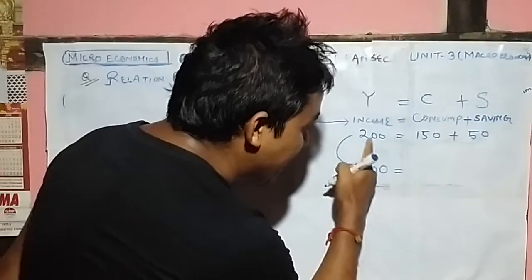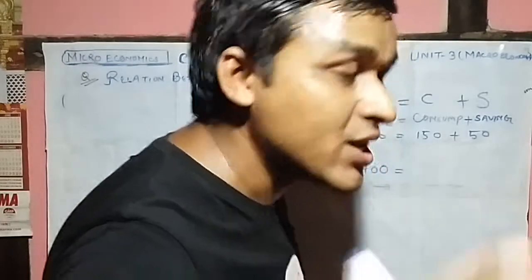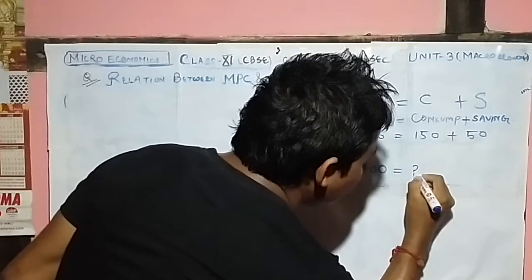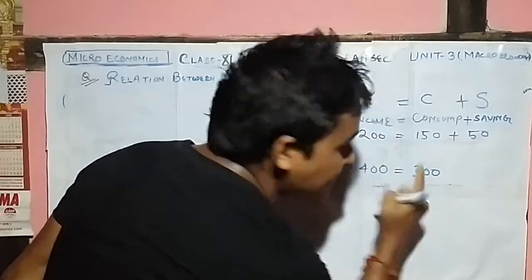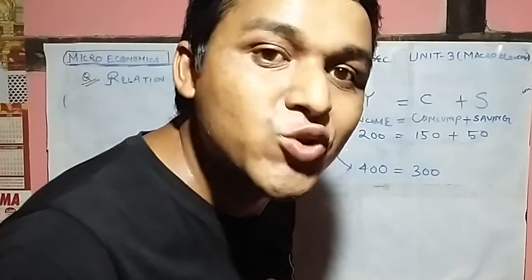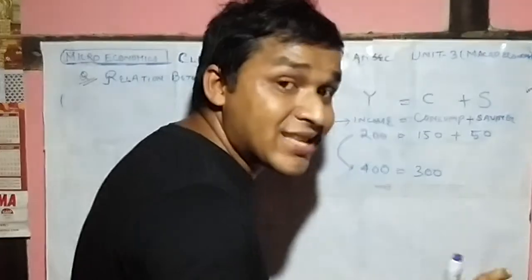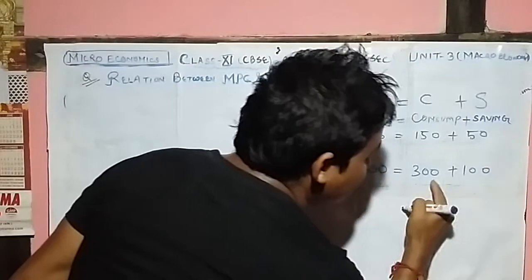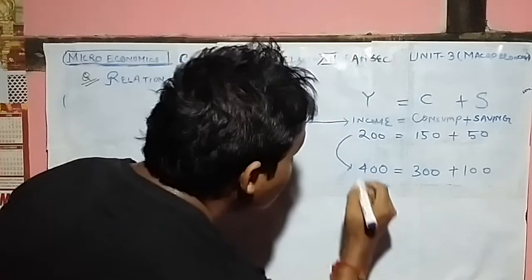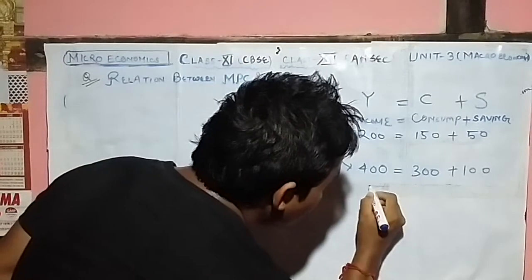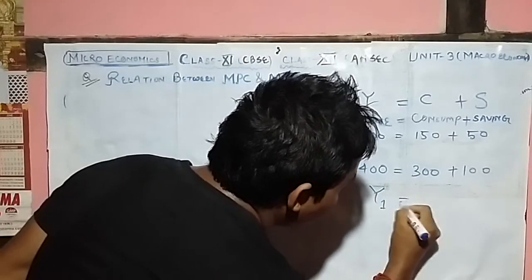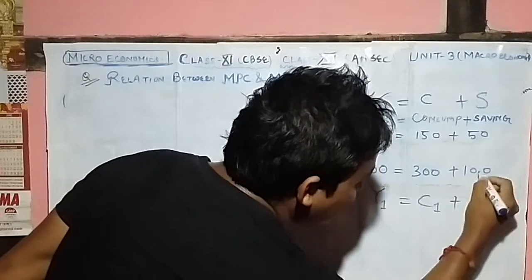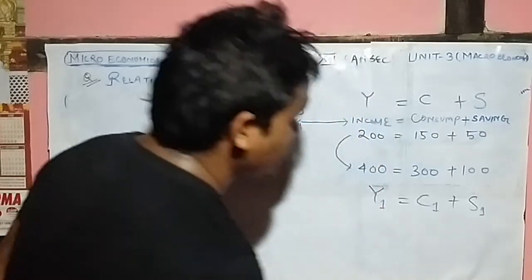So let us increase his consumption; say the consumption is rupees 300. So what amount remains? It is 100. So 300 plus 100 equals 400. Here the new income is Y1, equal to C1, the new consumption, plus S1, the new saving.